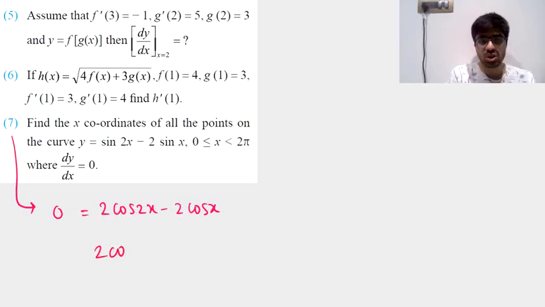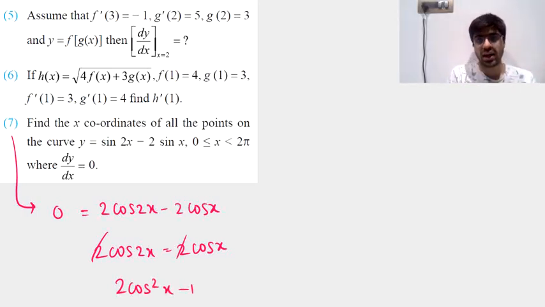So we get 2 cos 2x is equal to 2 cos x. In fact, you can actually cancel out the 2 and write that cos 2x as 2 cos square x minus 1, and take that cos x again on the left. So 2 cos square x minus cos x minus 1 equal to 0 is what we will have.